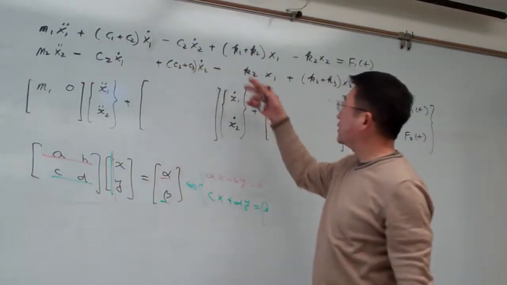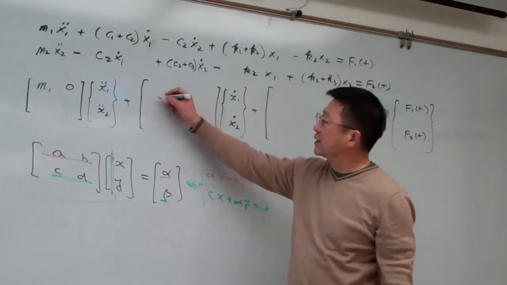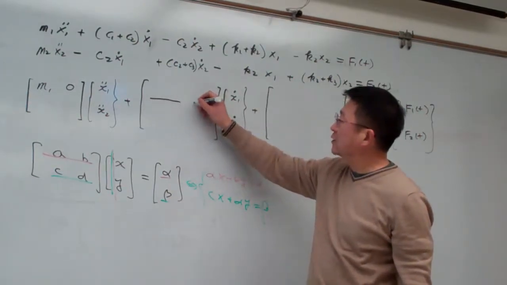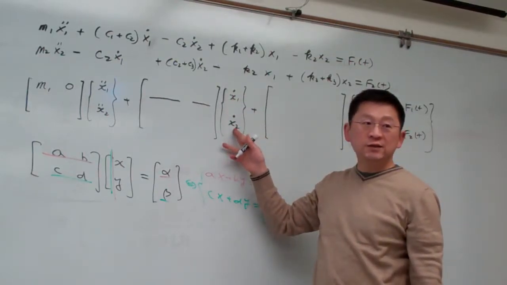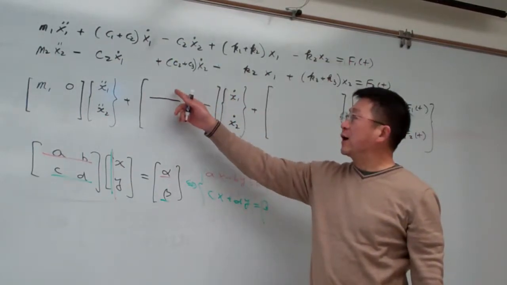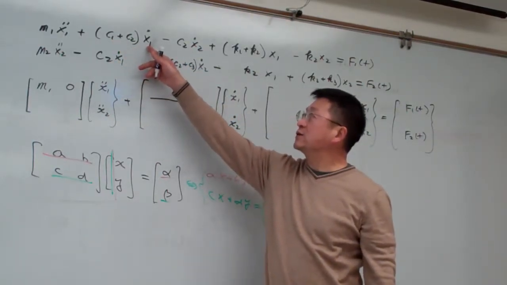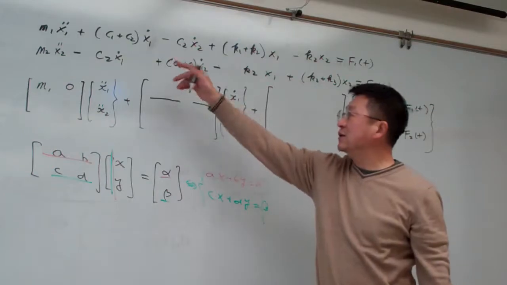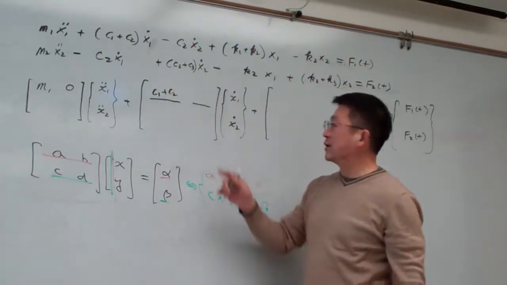Okay, if you are capable, do it right away, and you can double check. Now we come to the velocity terms. For the velocity terms, again, that is the operation of the two elements multiplied with x1, x2 individually, right? So we look at this one here, that is the coefficient C1 plus C2 multiplied with this one, so that is C1 plus C2 coming to here as the first element.